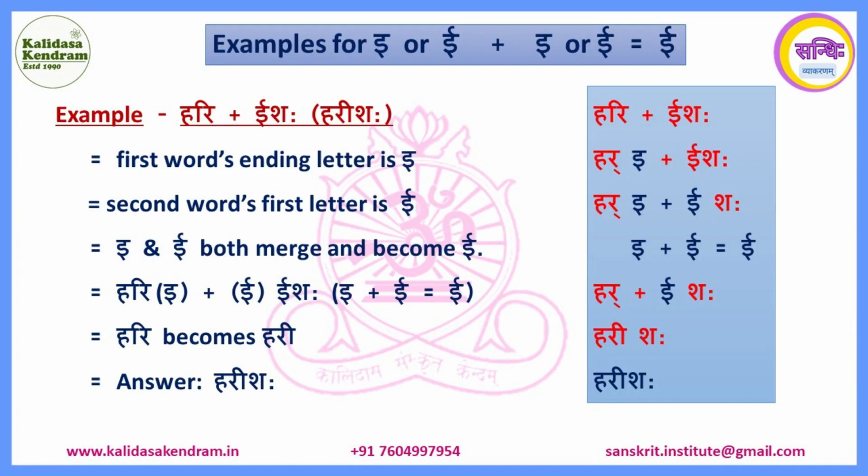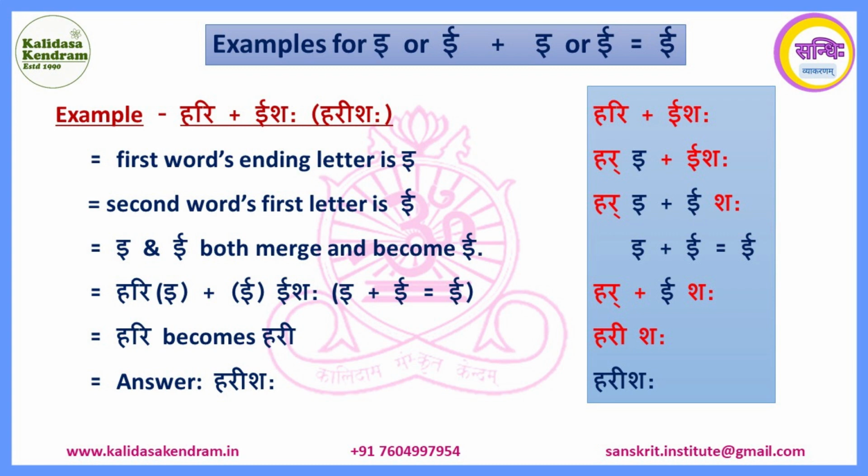Now we move on to the examples for the second rule. i or ī plus again i or ī becomes one long vowel ī. Hari plus Ishaha, Harishaha. The first word's ending letter is i. The second word's first letter is i. I and i both merge and become ī.